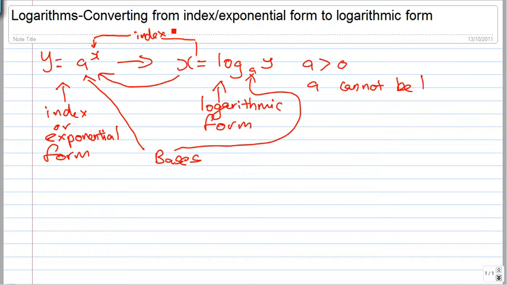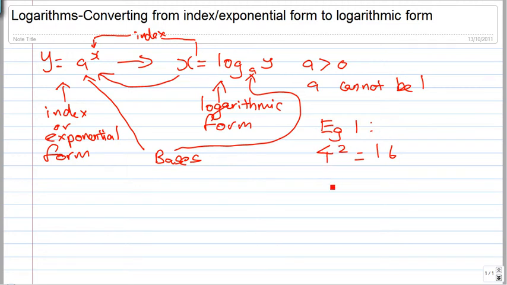Okay, so let me give you a real example, because if I don't give you an example, you probably won't be able to see it. So let's convert index or exponential form to logarithmic form. Example 1. Let's look at 4 squared equals 16. Remember that the logarithm is the index.